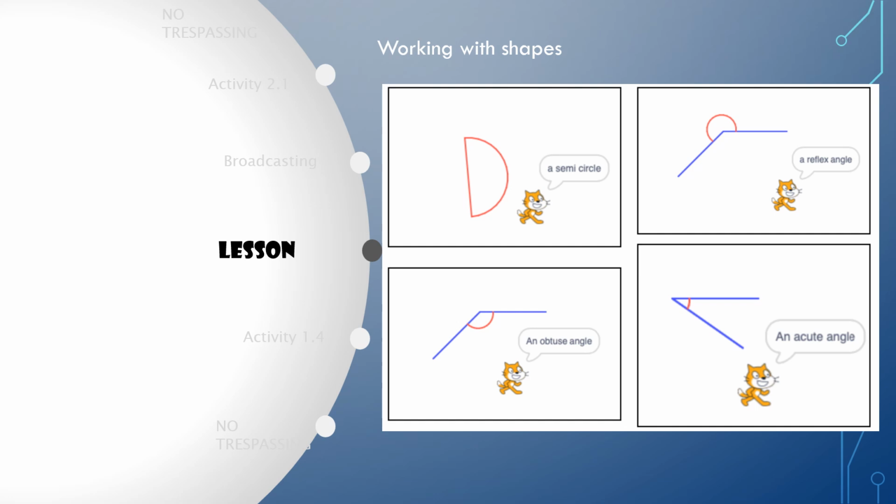These shapes you can draw in Scratch by making sure the sprite turns into a certain angle. You would be doing this in the lab session of how to draw a rectangle, a square, and other different shapes.